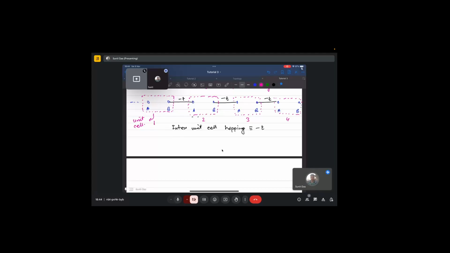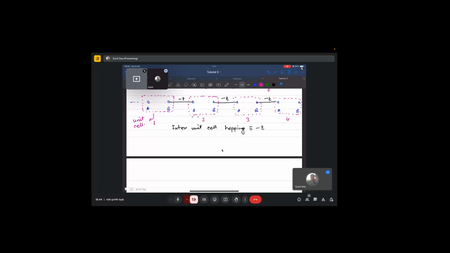So from a real space perspective, nothing has actually changed. You have just changed the hopping parameter from intra unit cell to inter unit cell. So again there are only two orbitals within the unit cell.